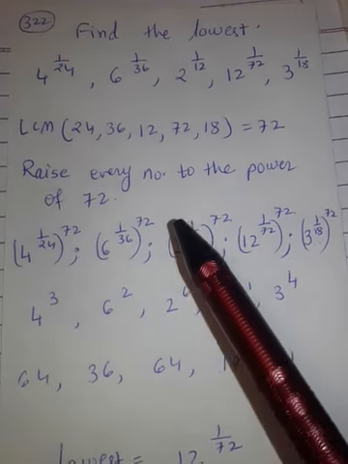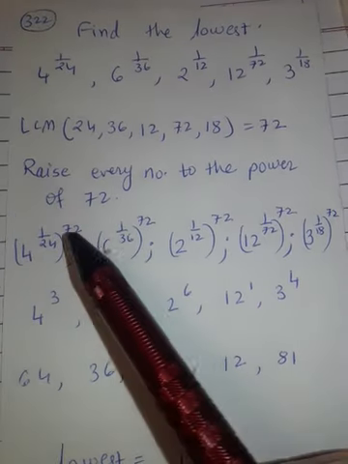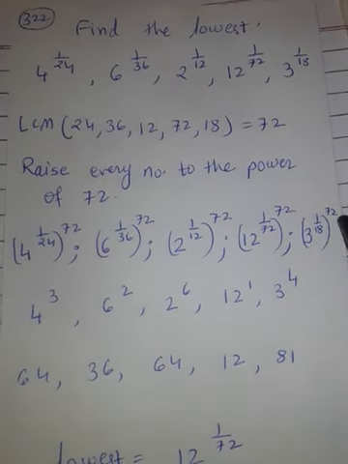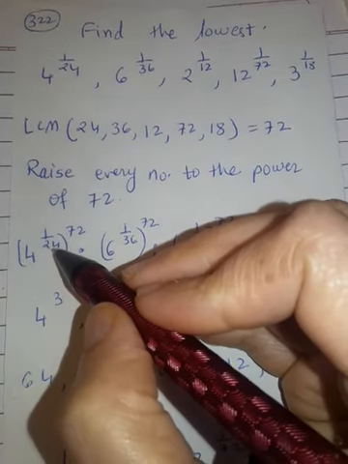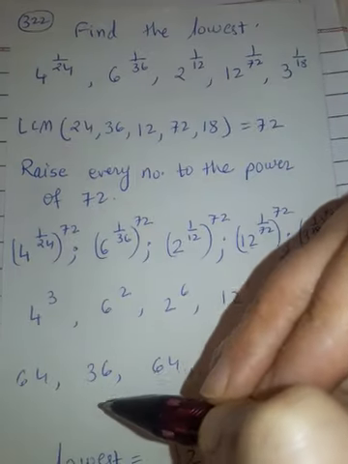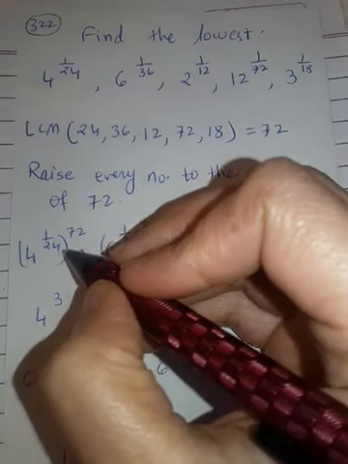Now LCM is 72, so I am going to raise every number to the power of 72. Now the rule of indices: a raised to m, bracket raised to n, that is a raised to mn. You have to take the product of indices.